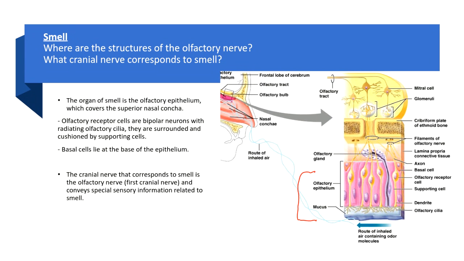We have special receptors that pick up these smell chemicals. They attach to these receptors, and that signal is sent up into the mitral cell that eventually leads into the olfactory bulb. Okay?